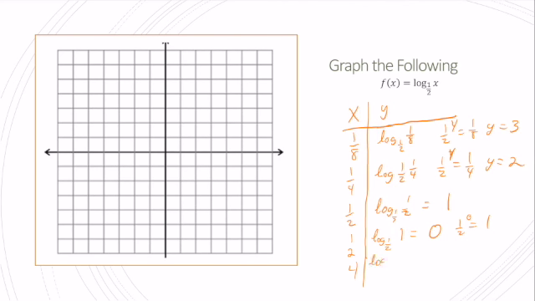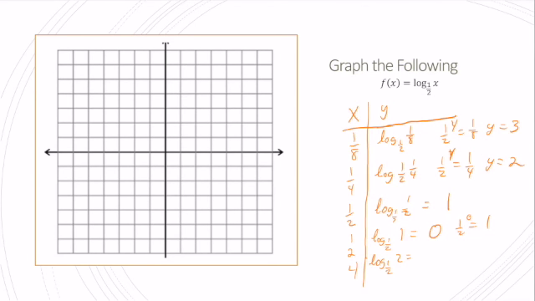If I wanted to get log base 1/2 of 2, that's saying, okay, what power do I raise 1/2 to in order to get 2? I would raise 1/2 to the -1 power, because 1/2 to the -1 is 2. So y equals -1. The same thing is going to be true for 4.